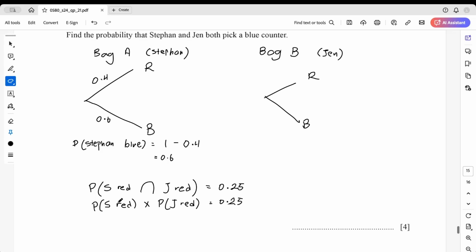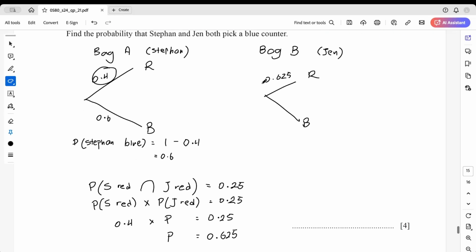We know this probability is 0.4 from up here, so we just have to find this probability. Using simple equation manipulation, your P will be 0.25 divided by 0.4, which is 0.625. So this is 0.625 that Jen picks a red counter, therefore the probability that she picks a blue counter is 0.375.